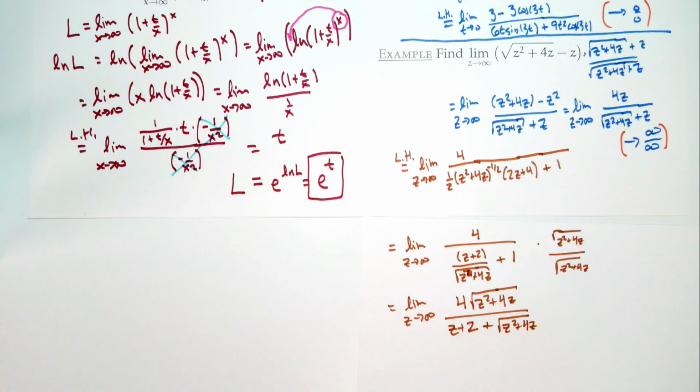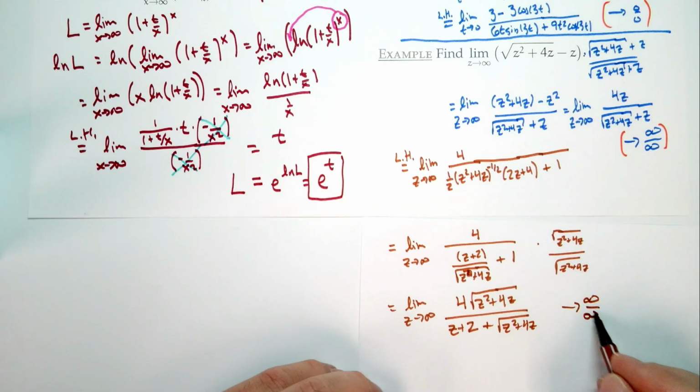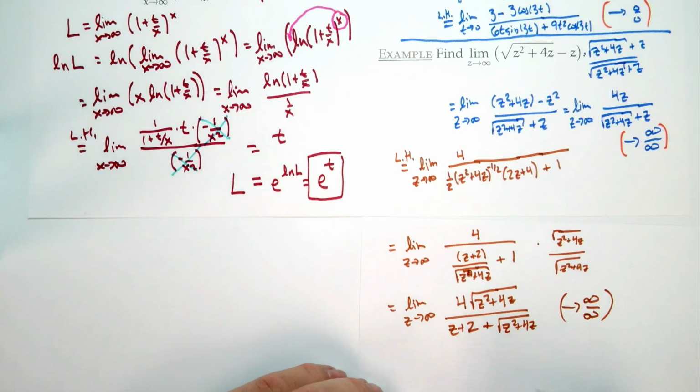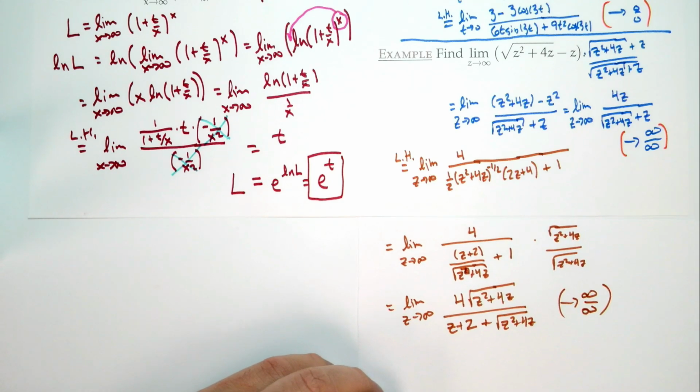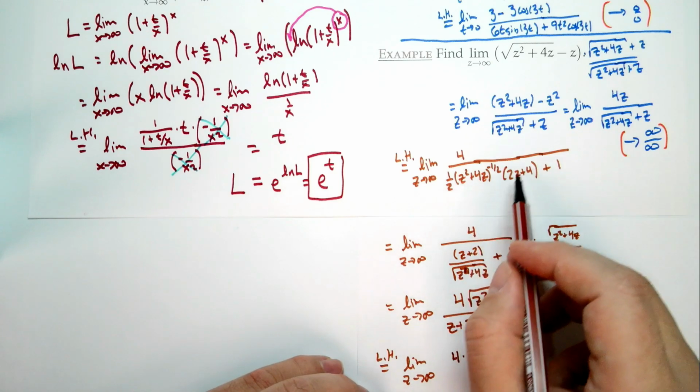All right, well, what's this doing? Well, this is going to infinity, and that's going to infinity. So this is currently going to infinity over infinity. All right, so what can we do? Well, we can do l'hôpital. Okay, so let's see what happens. All right, so we work our process here. That'll be 4. And we've actually taken this derivative before. In fact, we did it right up here.